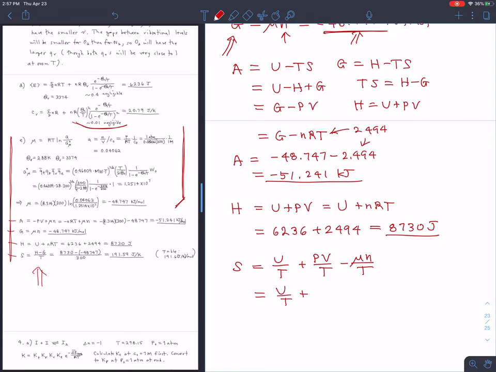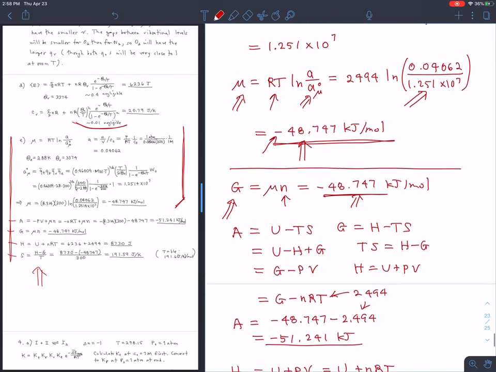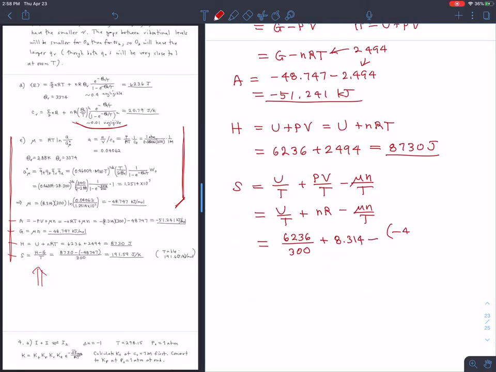This is U over T plus PV over T, which is just NR, minus mu N over T. That is equal to 6236 over 300 plus NR, which is just 8.314, minus the chemical potential, which was minus 48,747, and I'm putting this in joules now. N is 1, over 300.